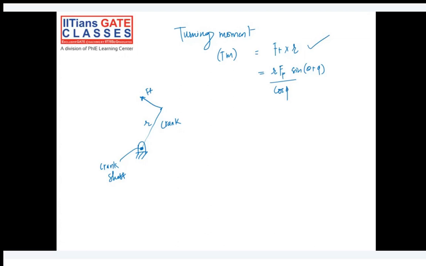This is a very important relationship. You don't have to do this derivation in the exam, but you should know the formula, because you can expect a question where they give the net force on the piston and ask what the turning moment at the crank will be. You should be able to calculate it using this relationship.